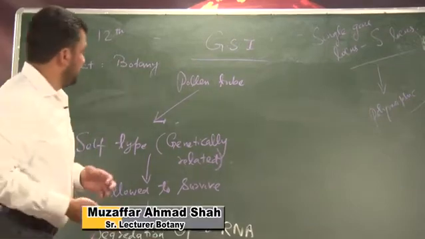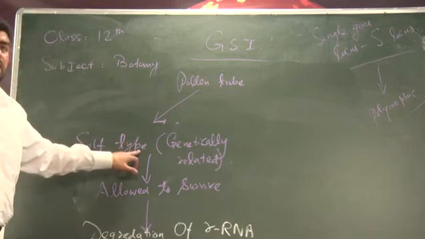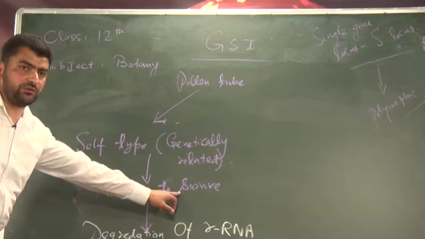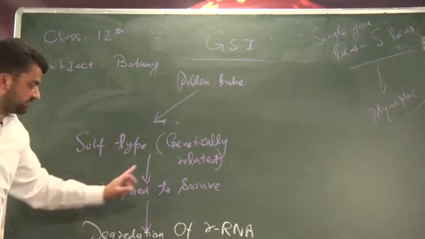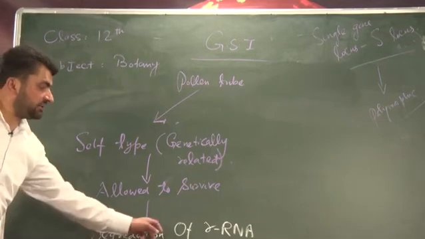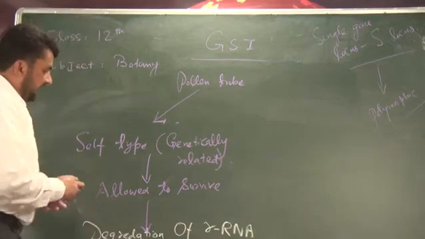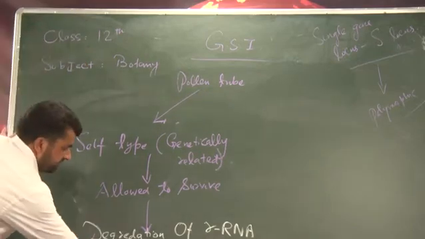So, in case of self type sRNAs, it is allowed to survive in the pollen tube. That means when it is allowed to survive, it brings about the degradation of rRNA, right. So, as a result of this degradation of rRNA, what happens?